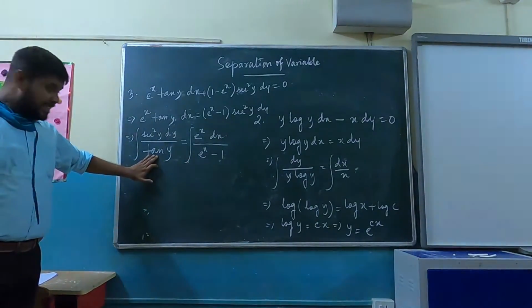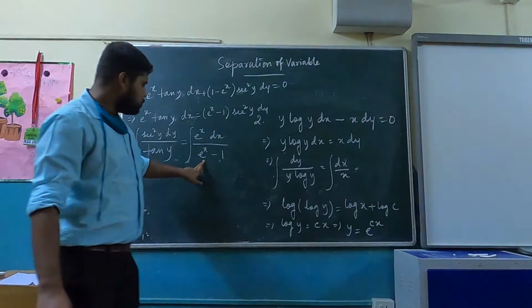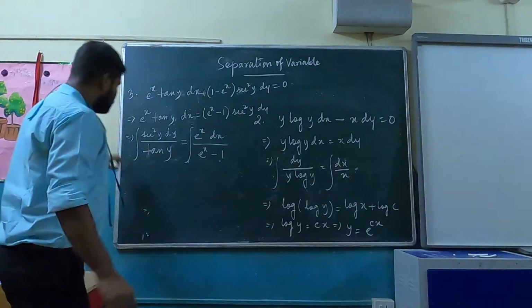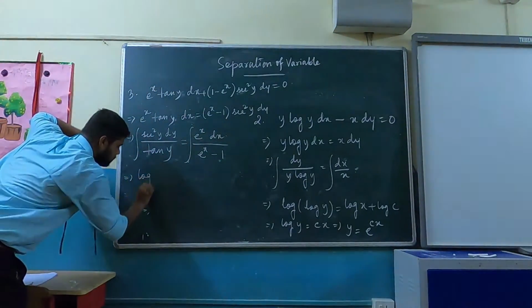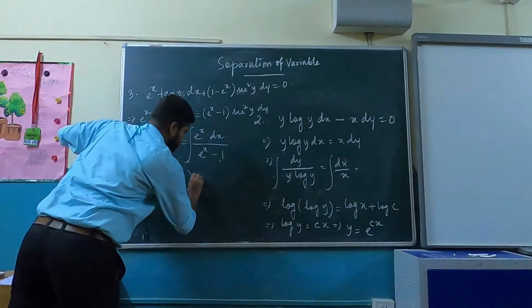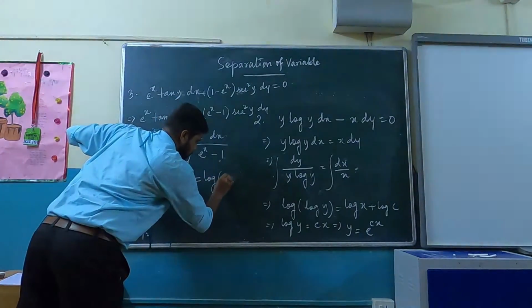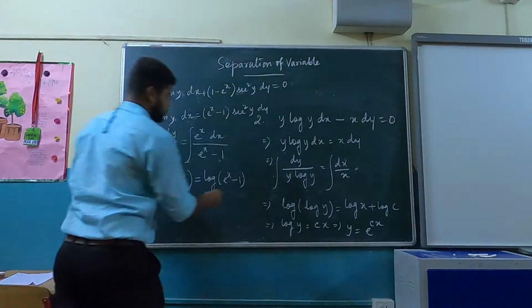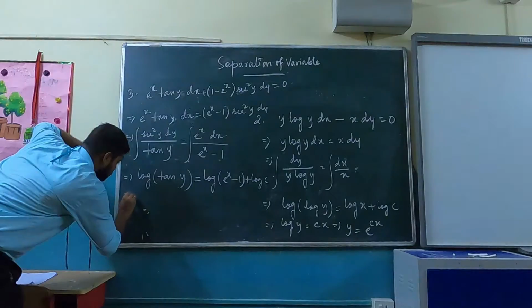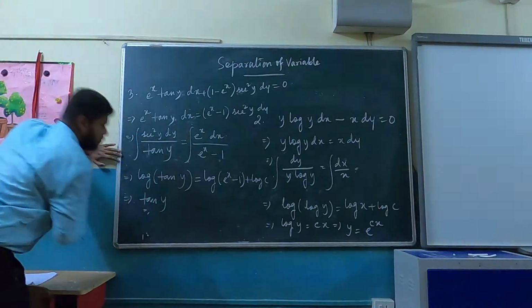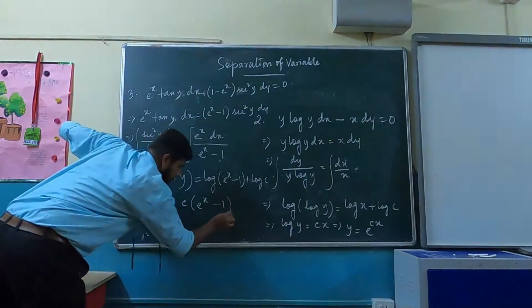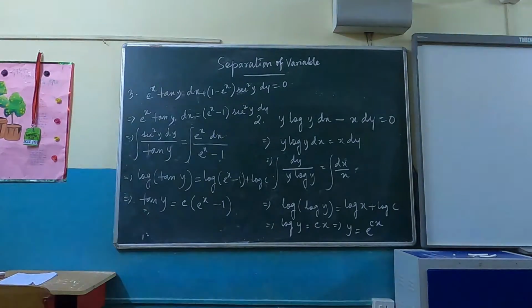If you consider tan y as z, sec square y dy is dz. If you consider e to the power x minus 1 as z, e to the power x dx is dz. So therefore, this is log of tan y, and this is your answer.